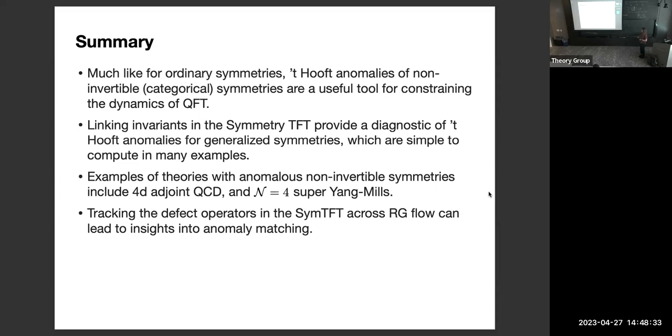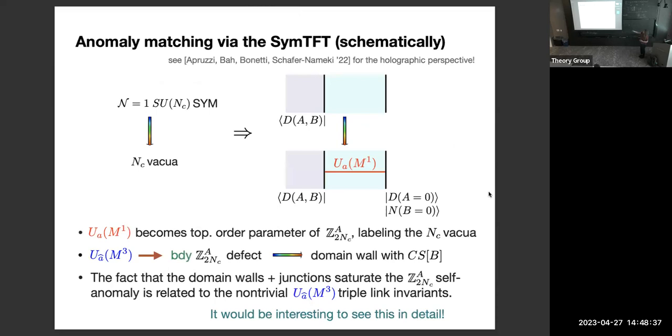You can understand, for example, in this paper I was mentioning here, how to get at the symmetry TFT in string theory setups where I've engineered some quantum field theory either holographically or from wrapping branes.